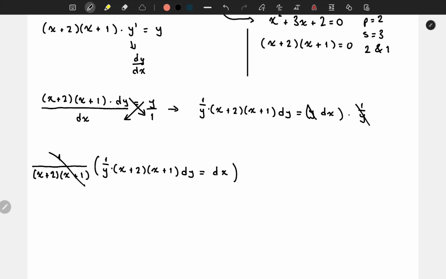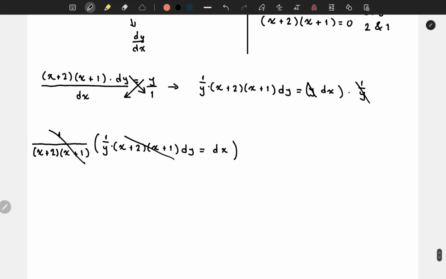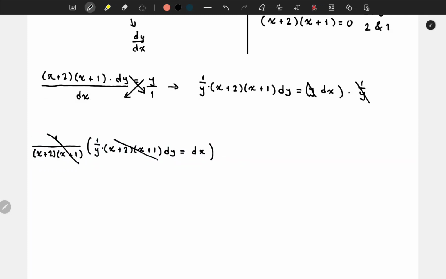That way this and this cancel out, and that leaves us with 1 over y dy is equal to 1 over x plus 2 times x plus 1 dx.